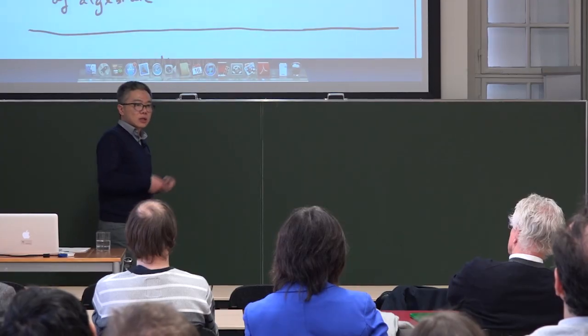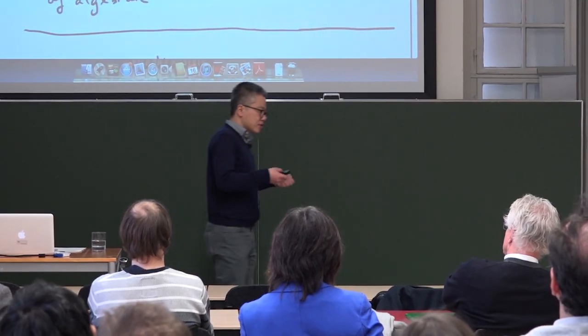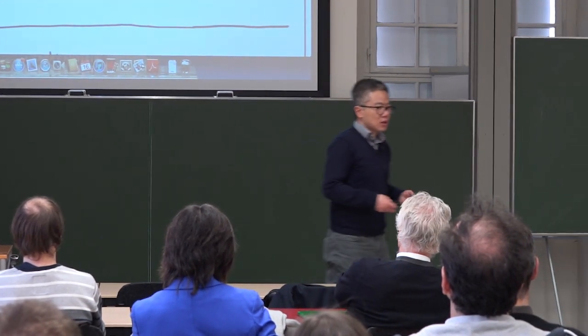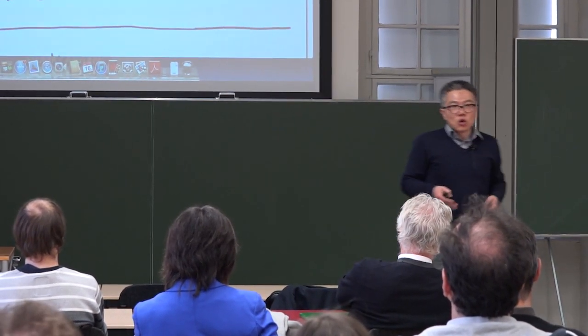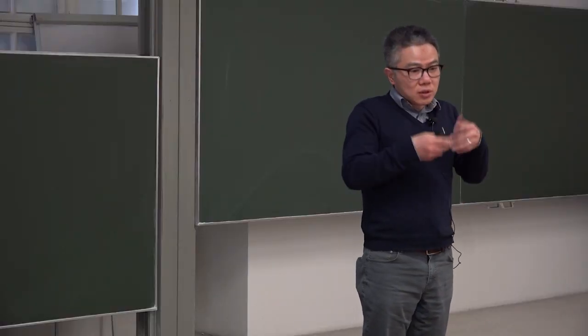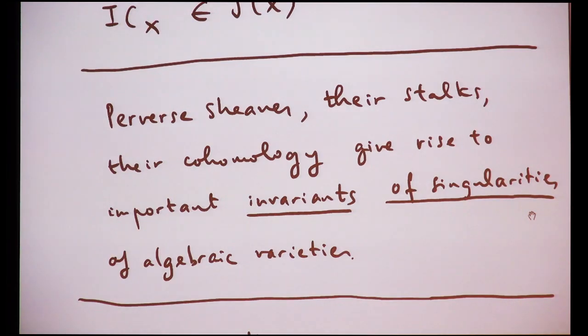So you can look at the IC sheaf, the perverse sheaves, look at their stalks locally, and look at the cohomology globally, and that gives you many invariants, even just the dimensions, meaningful invariants of singular varieties.